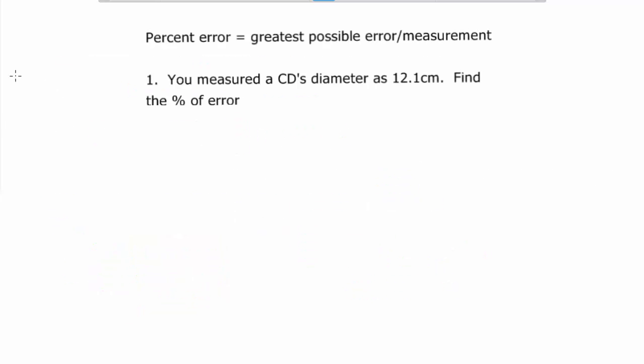Now a percent error is kind of like percent of change. We find the greatest possible error and put it over the measure. So you measure a CD's diameter as 12.1 centimeters, find the percent of error. Remember, since this is the tenths place, we do 0.1 divided by 2, which is 0.05.